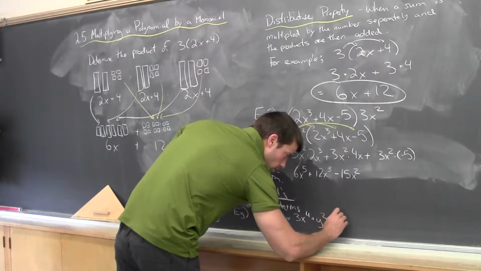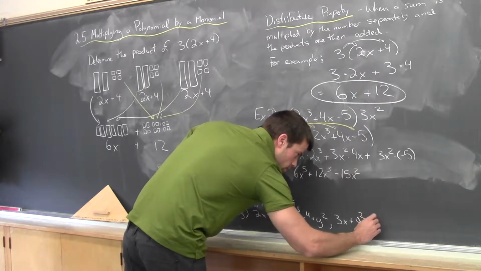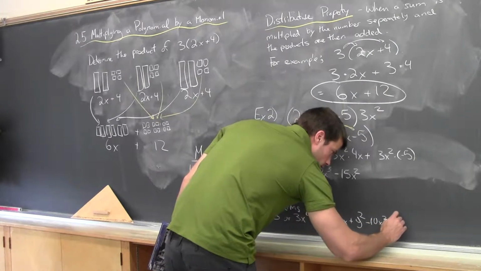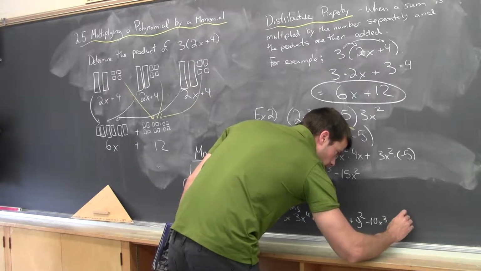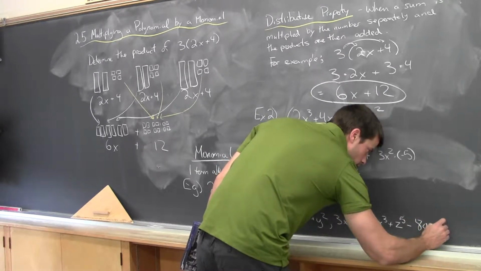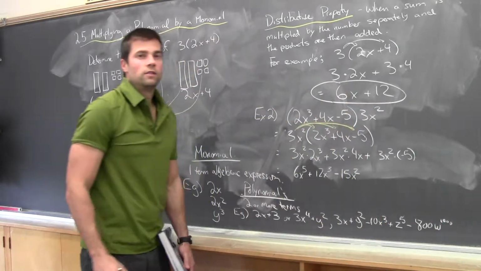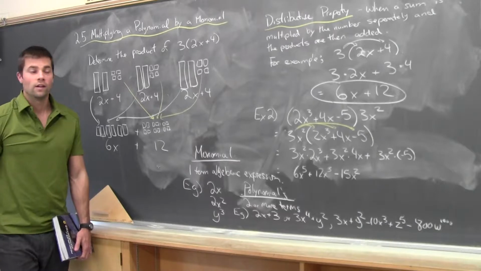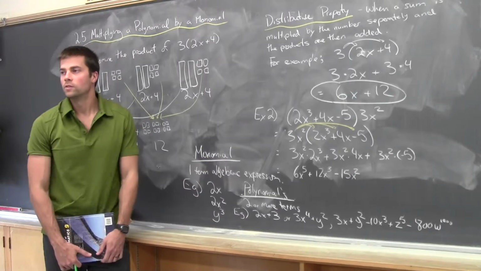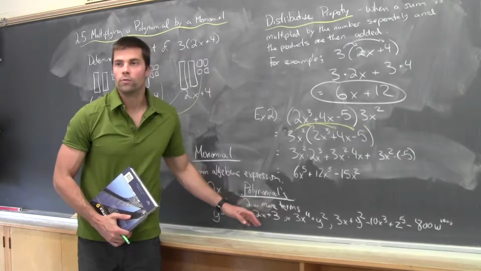Or we could say 3x plus y squared minus 10x cubed plus z to the power of 5 minus 800w to the power of 1000. Okay? That's a polynomial. Yeah, it's very long, but it's got more than two terms. It doesn't matter what it is. As long as it's got two or more terms, it's a polynomial.